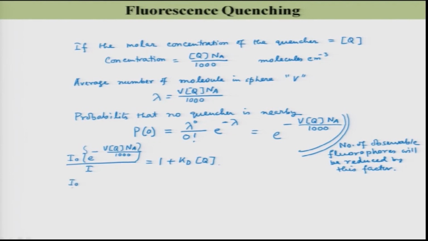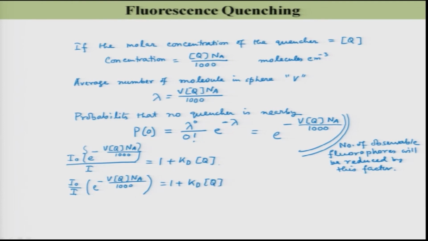Now, I0 by I into e to the power minus V Q Na by 1000 equals 1 plus Kd Q. So, what should I plot?